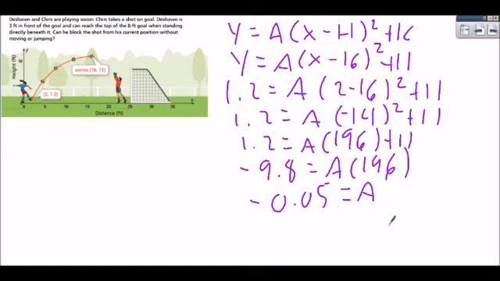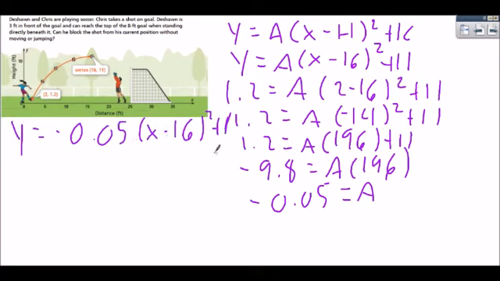Now that we have A, I can rewrite my equation in its full form. So now I have my equation. We have to put in his point and see if he can reach it. So his highest point is 8, so that means Y is going to be 8, and he is 3 feet from the goal. So if the goal is at 25, that means that he is at 22.